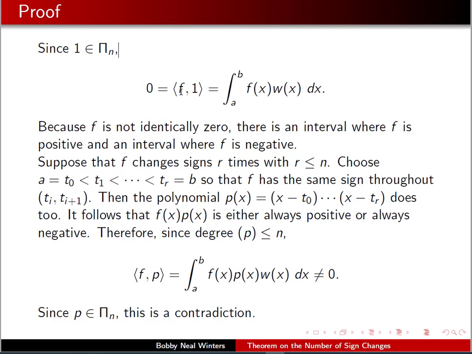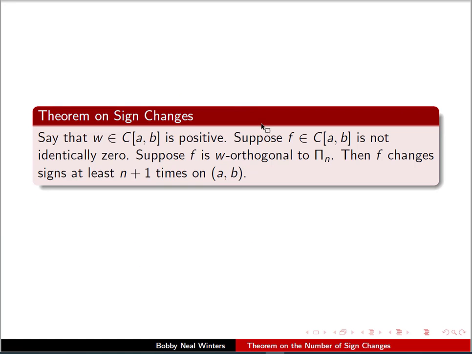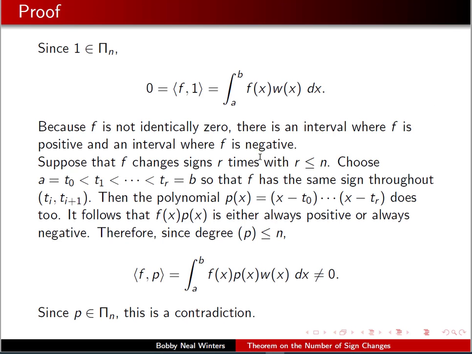And notice that then 0 is equal to the inner product of f with 1, which is equal to the integral from a to b of fw, by the definition of inner product. Again, this is because we're saying f is w orthogonal to pi sub n.